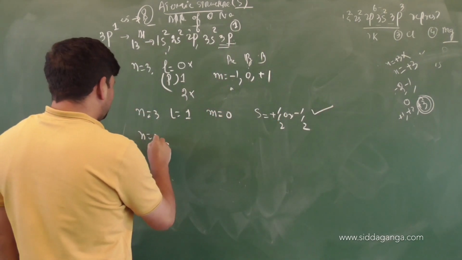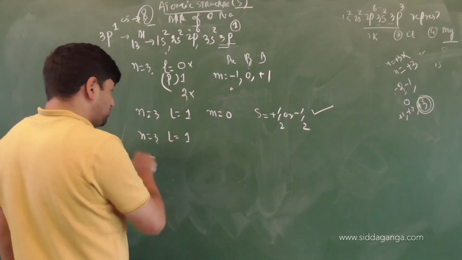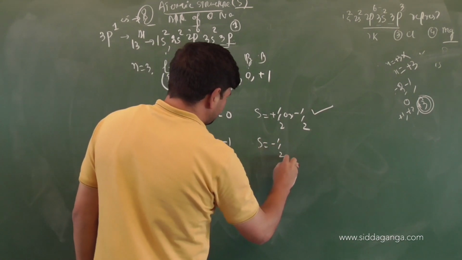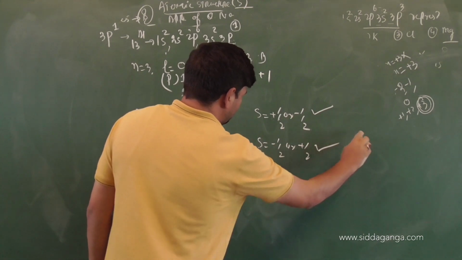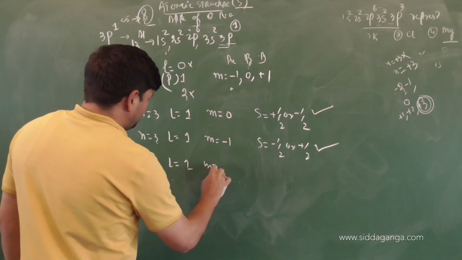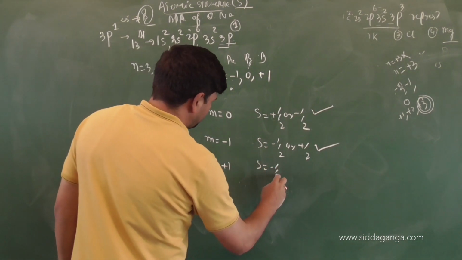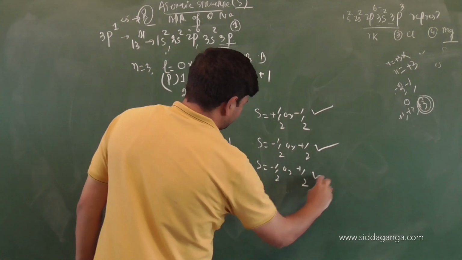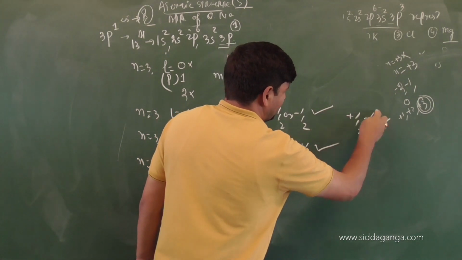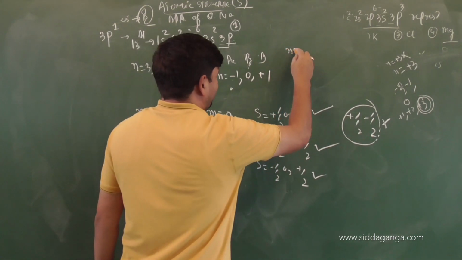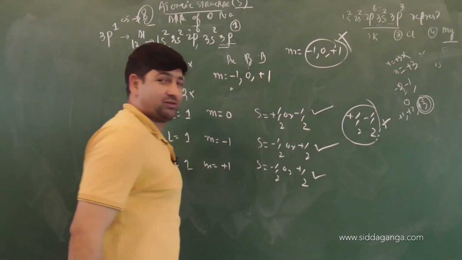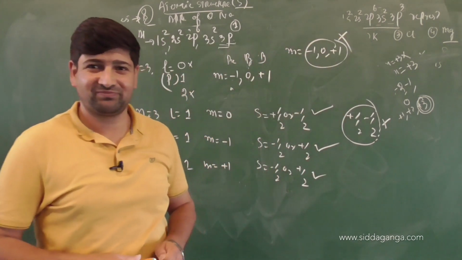If you write n equals 3, l equals 1, because these two values remain the same, m equals -1, s equals -½ or +½, this is perfectly correct. If you write n equals 3, l equals 1, m equals +1, s equals -½ or +½, this is perfectly correct. However, if you write +½ and -½ together, that will be wrong, and if you write m value equals -1, 0, +1, you won't find this option in competitive exams at all.